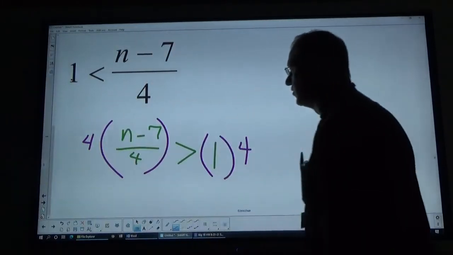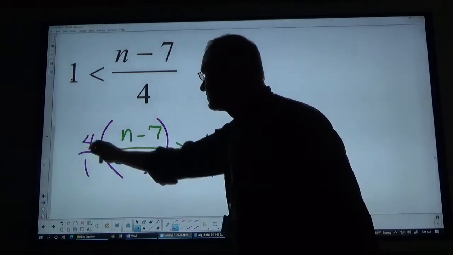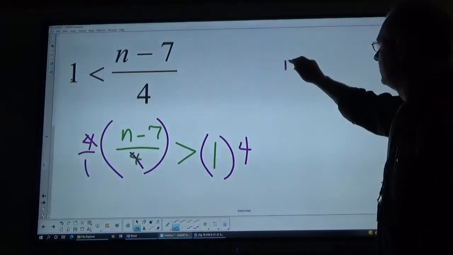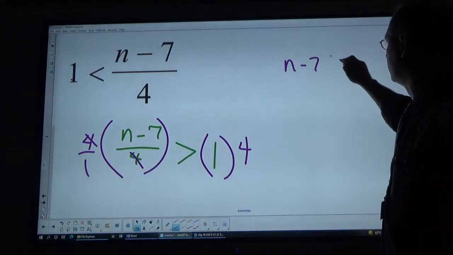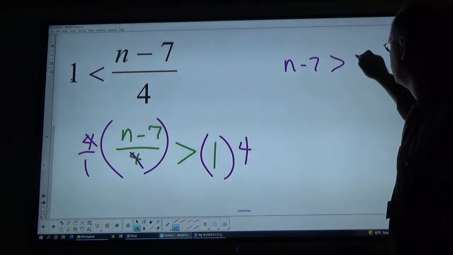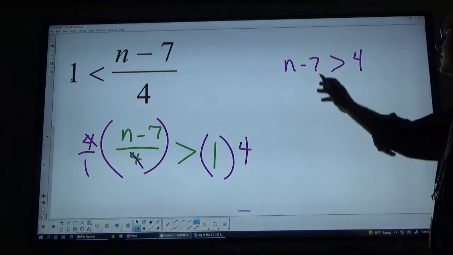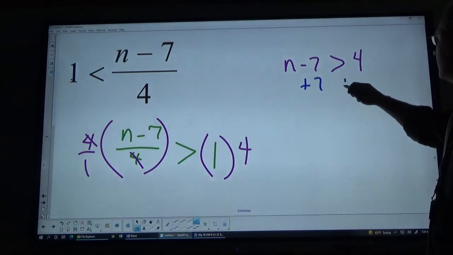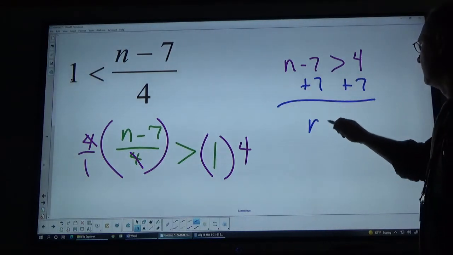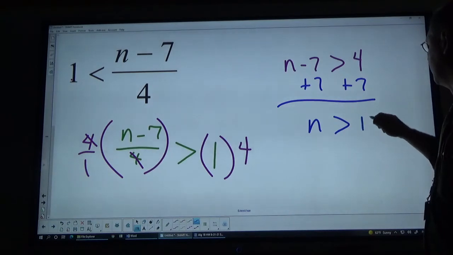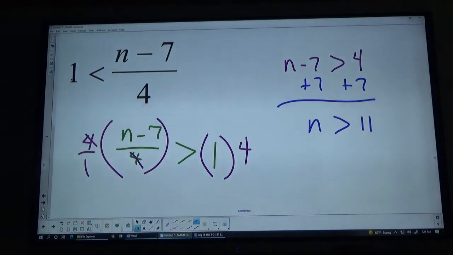When I do so, it's over 1, so these 4's cancel, leaving me with n minus 7, greater than, it was a positive 4, so I don't have to change the direction of the inequality, and now I just have to get rid of the 7. N is greater than 11. Coincidentally, it was 11 again.